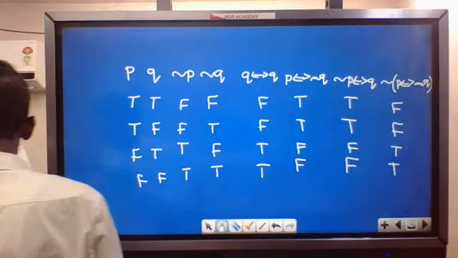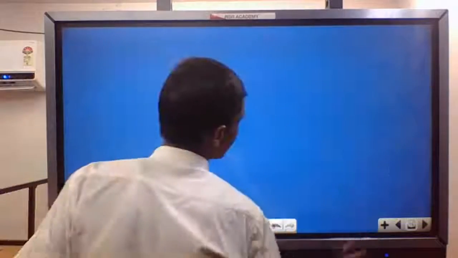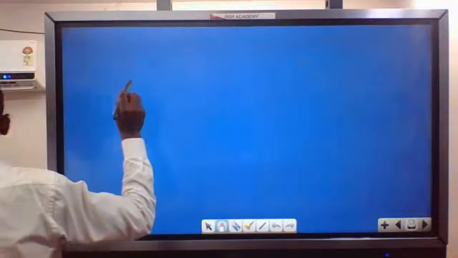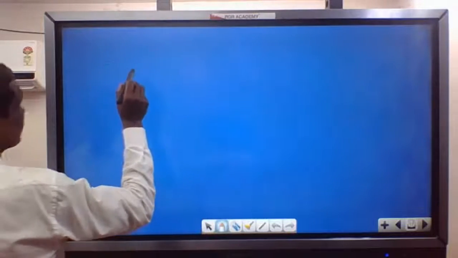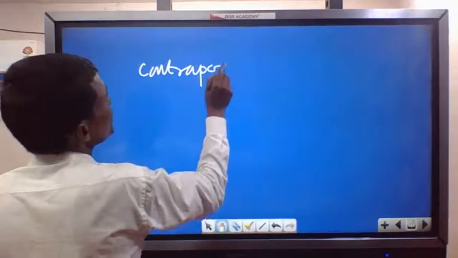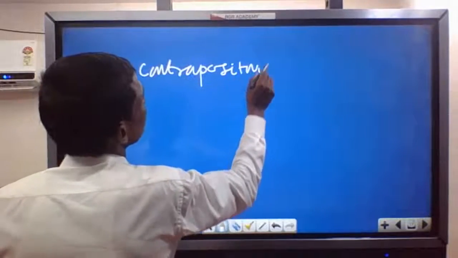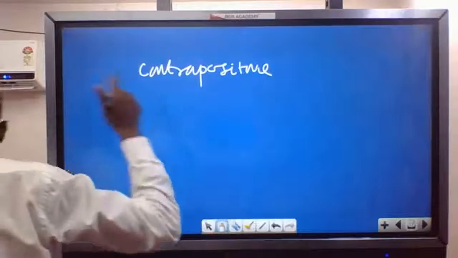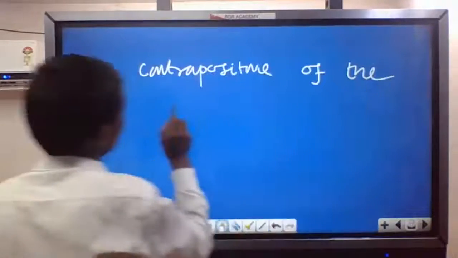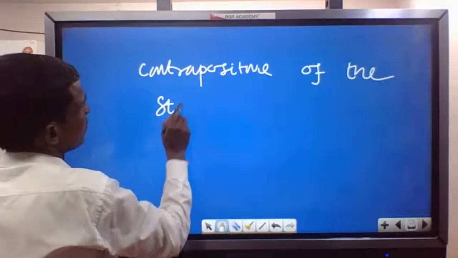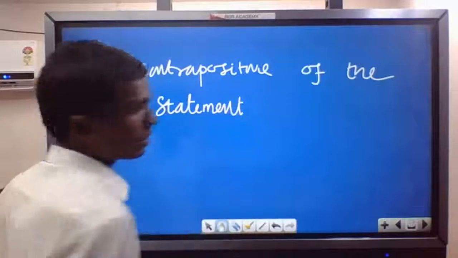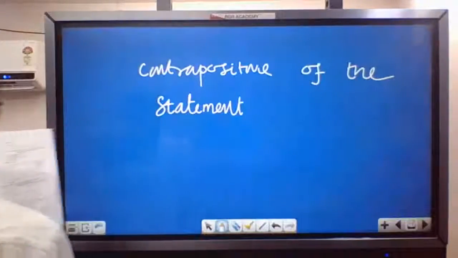The next one, contrapositive of the statement.